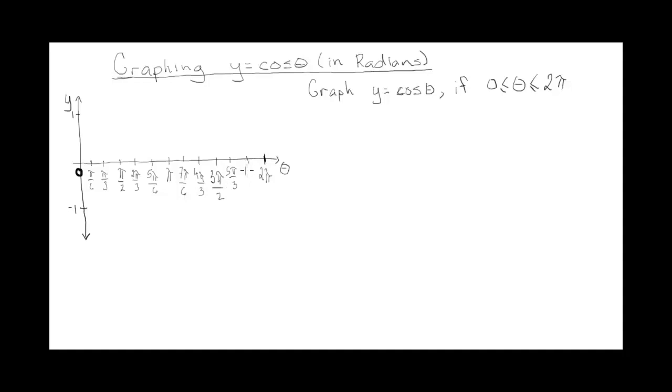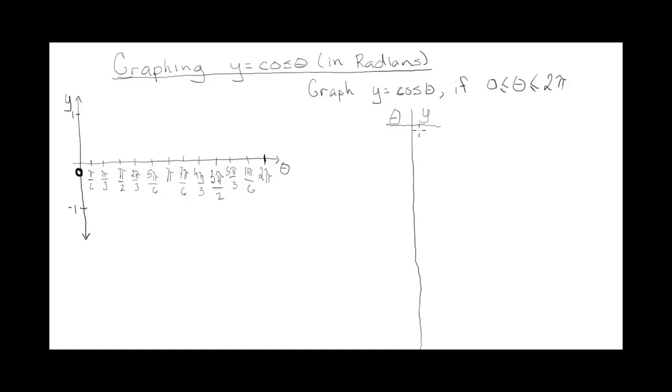And then 11 pi by 6. Okay, so my scale is a little different. This time it went up by pi by 6s, whereas on the sine graph I went up by pi by 4s. No real difference. The nice thing about going up by pi by 6s is you get more key points. It's a little more accurate, but you do have to graph more points here.